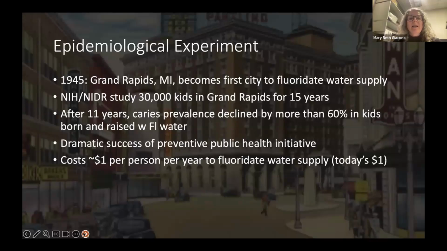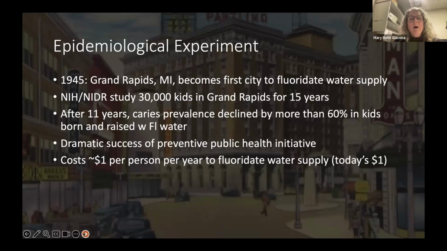And what they saw was that after 11 years of implementation of this water fluoridation, caries prevalence declined by more than 60% in children that were born and raised with access to fluoridated water. So a tremendously dramatic, successful public health initiative.